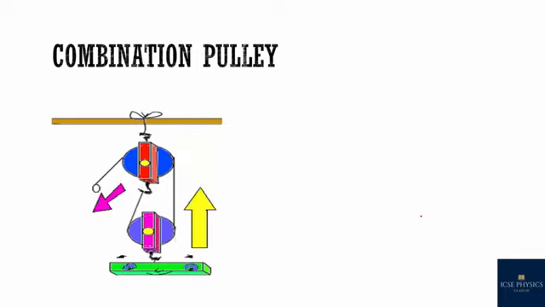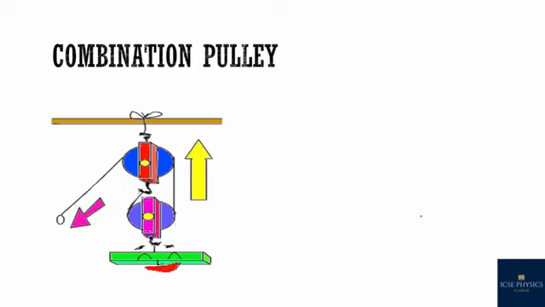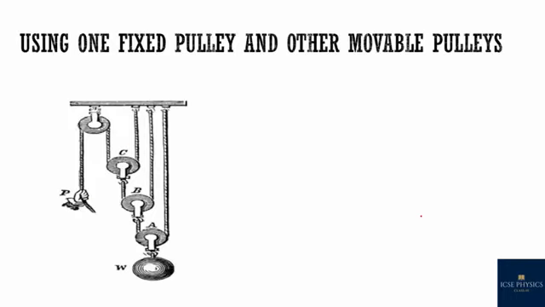The combination can be of 2 types. The first one is using one fixed pulley and several other movable pulleys, as you can see in this figure. And the second one is the block and tackle system.